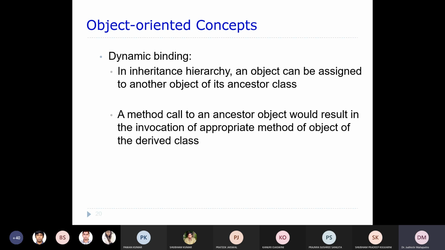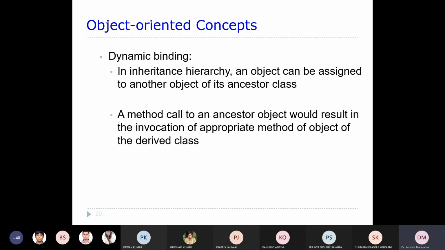Now there is a concept called dynamic binding. What we have seen is static binding. During compile time, you call a particular method by sending messages. You create an instance of that particular class, and then by passing a suitable message, you call that particular method. Let's say you call that create method without passing any parameters.